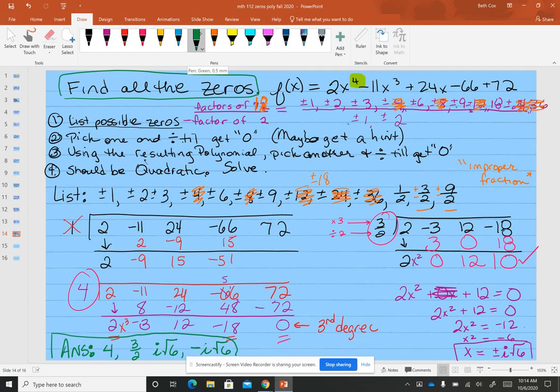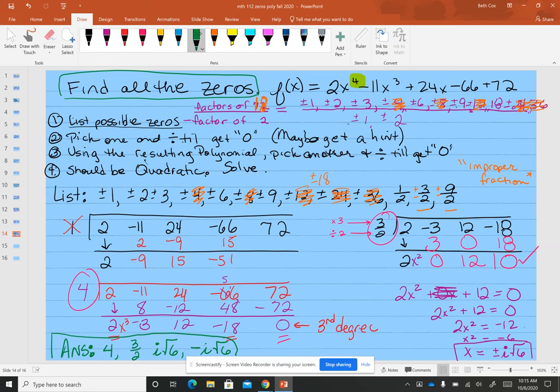First thing we did was list all the possible zeros. There were a bunch of them. Hopefully I'll give you a hint and you won't have as much to search through. Step 2, pick one of those numbers from our list and divide until you get a 0. And if you'll watch the previous video, this was our third try. It took us 3 numbers to get to the 4.